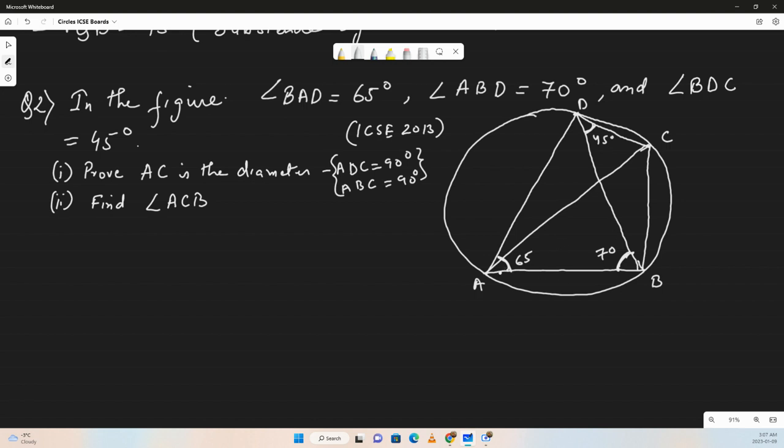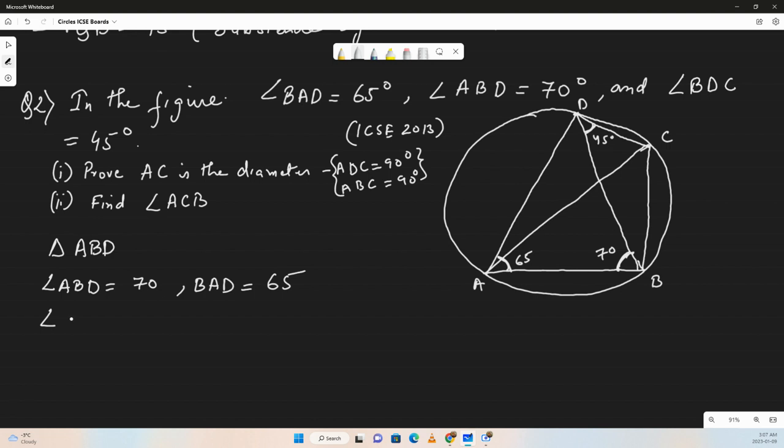So let's see, in triangle ABD, basically we are given two angles, right? In triangle ABD, we are given angle ABD is equal to 70, and we are given BAD is equal to 65.